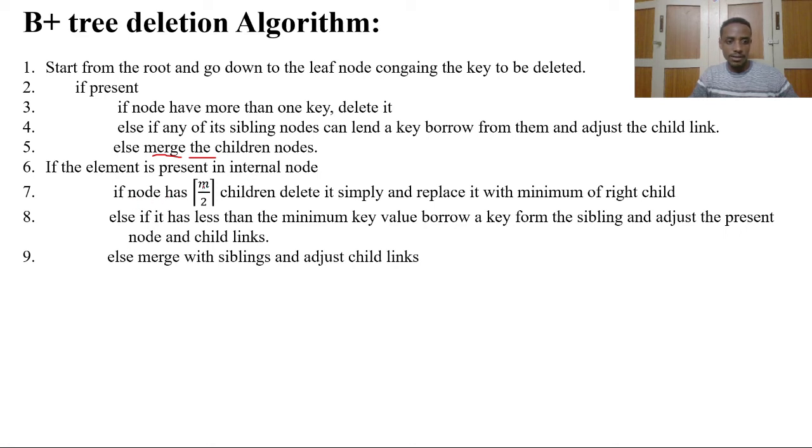If the node has ceiling of m by 2 children, delete it simply and replace it with the minimum of the right child, because we are following a right-based B+ tree. Else, if the key count is less than the minimum, we can borrow from the sibling and adjust the parents or inner nodes and child links. Otherwise, we can go for merging of the siblings.